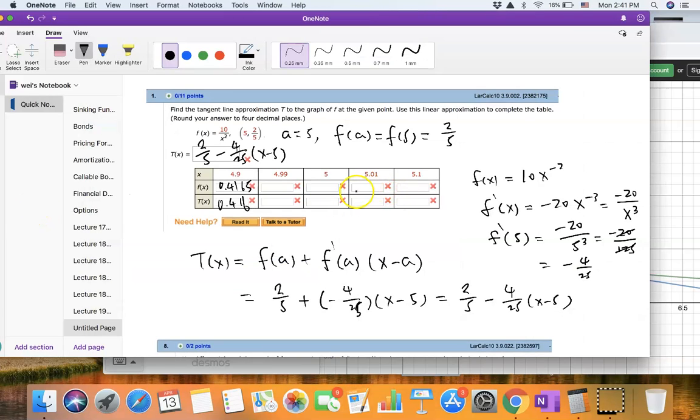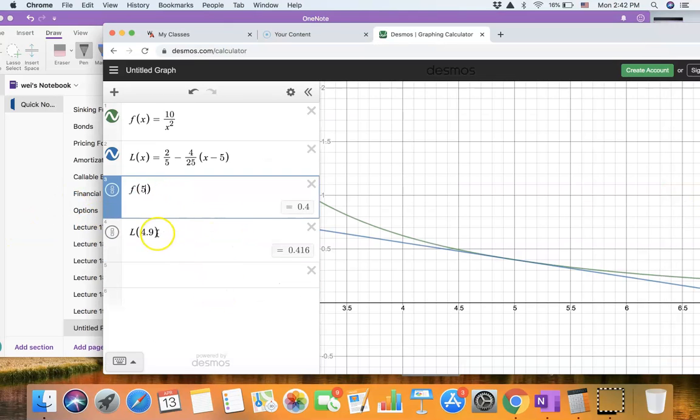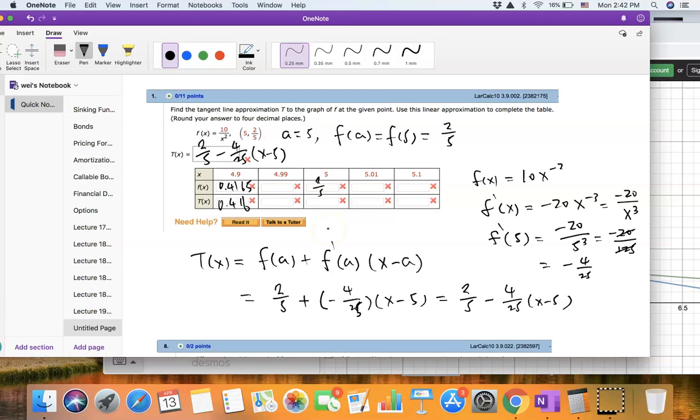Let's try another. At 5, the function value is 2 over 5, because this is what we are given. And the approximation is also 0.4, is also 2 over 5.